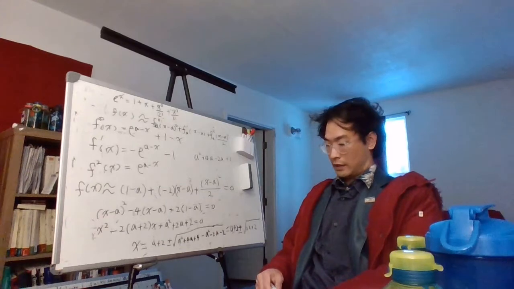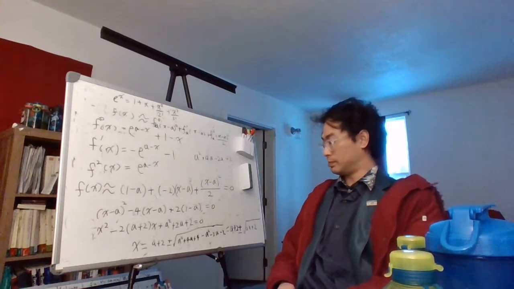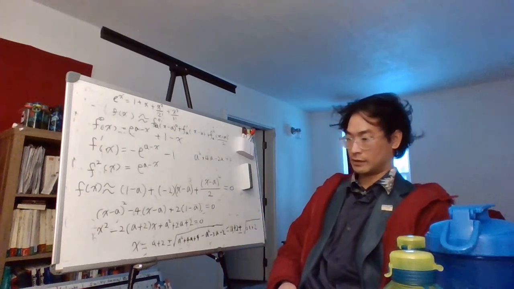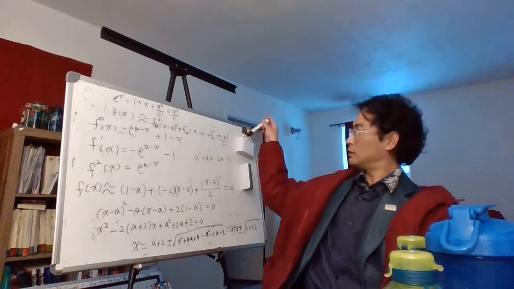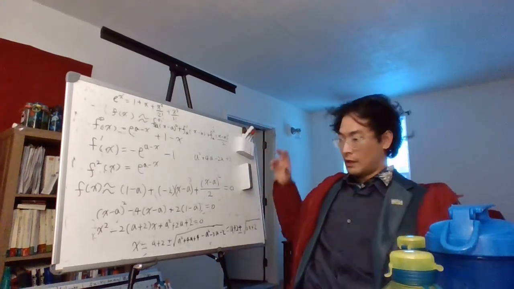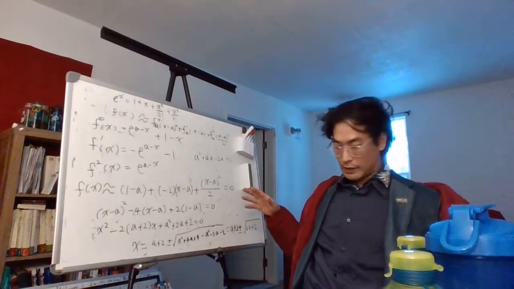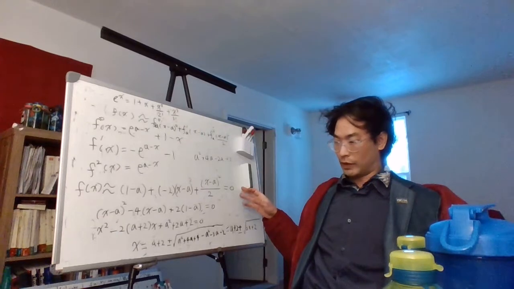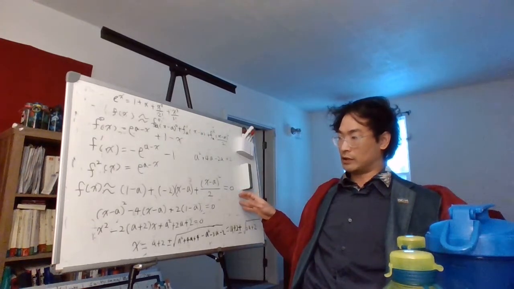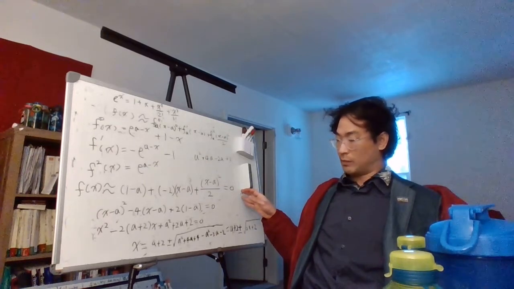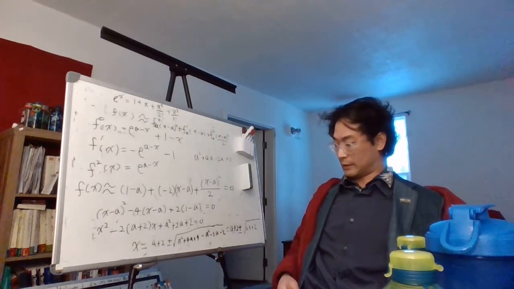Now, what is x? What is f prime x? f prime x is the derivative of the revenue function. So when f prime x becomes zero, that x is the revenue maximization point.